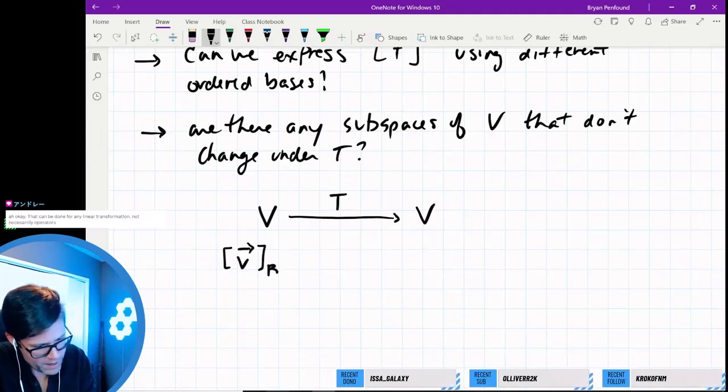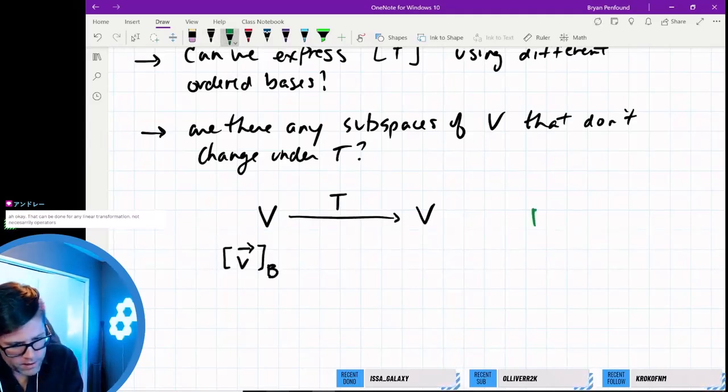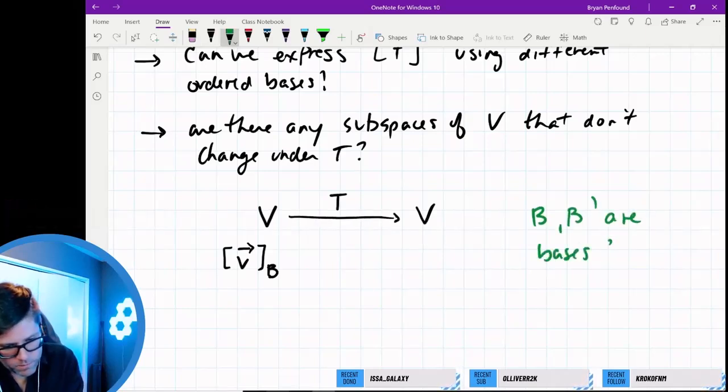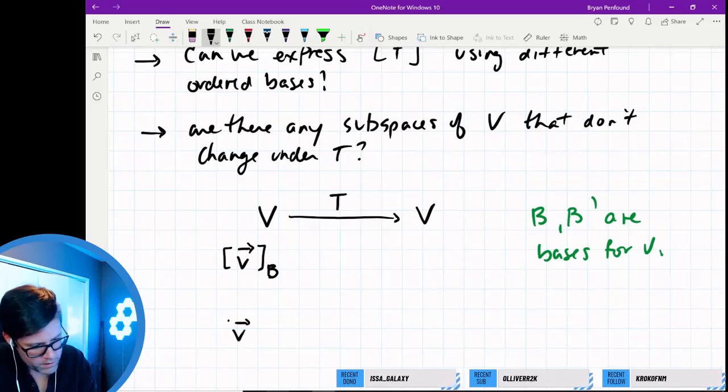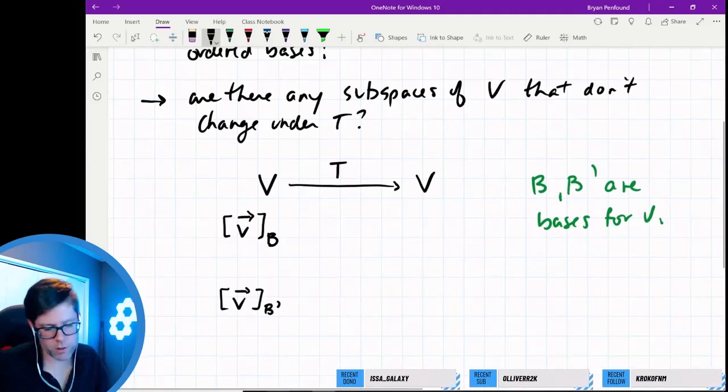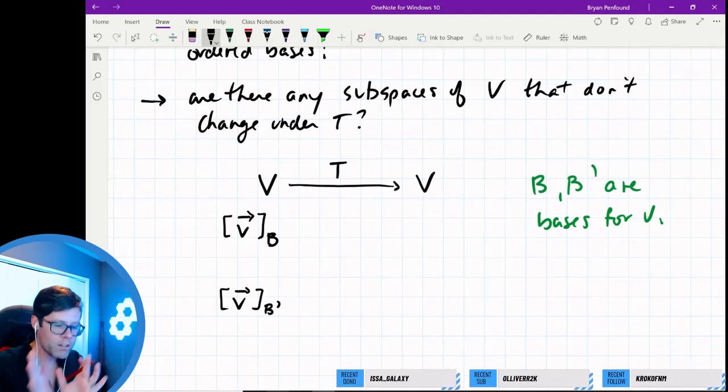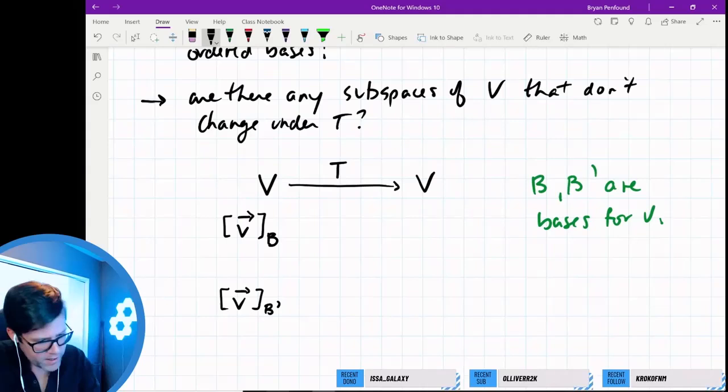If I have two bases, let's say that B and B prime are bases for V, then I can certainly express any vector in V in two different ways. I have a coordinate vector with respect to the first ordered basis, and I have a coordinate vector with respect to the second ordered basis. And we know how to transition between these two things. That's exactly the change of basis matrix P.